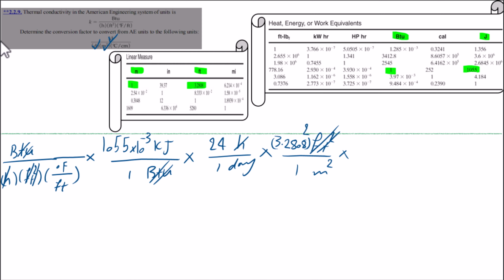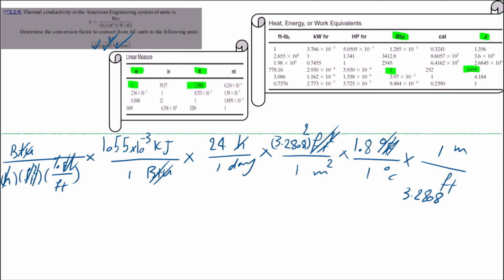And for this part, you know that degree of Fahrenheit to degree of Celsius is like this. 1.8 degree of Fahrenheit will be 1 degree of Celsius. So this will be checked. And foot must be converted to centimeter. We can easily do another thing. First of all, convert this. 1 meter equals 3.2808 foot.